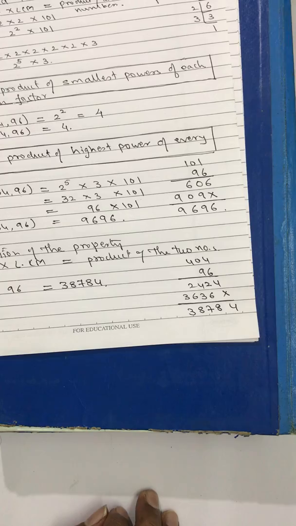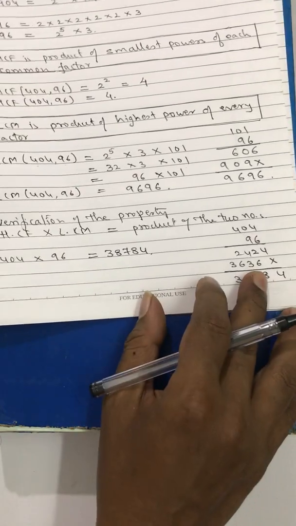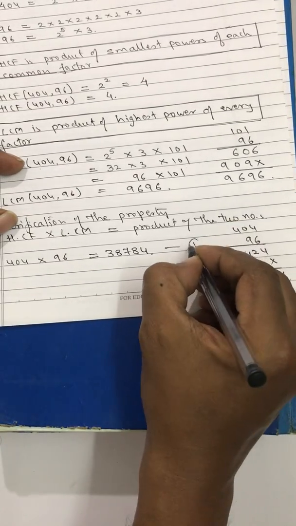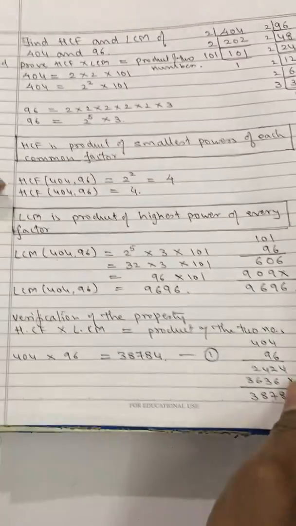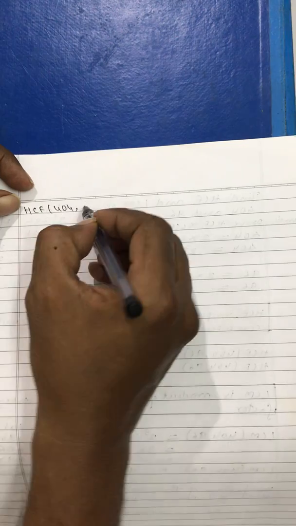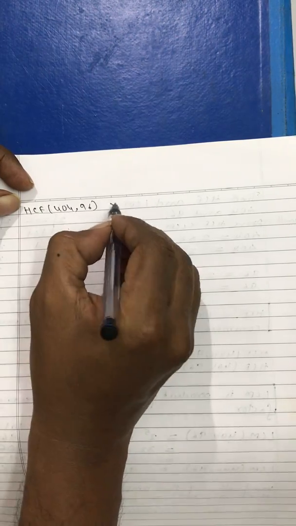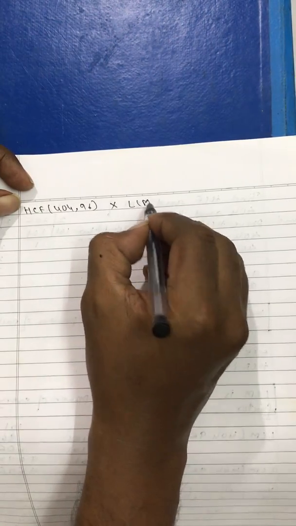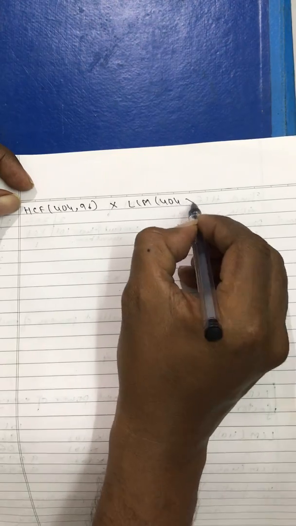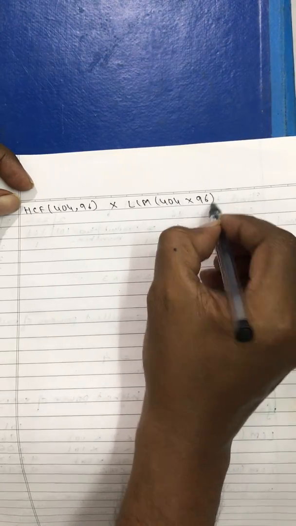Okay, so this is what you will be getting, and you can label it as 1. Next, what I will do is multiply HCF and LCM of 404 and 96.